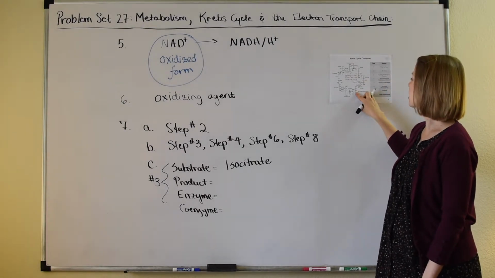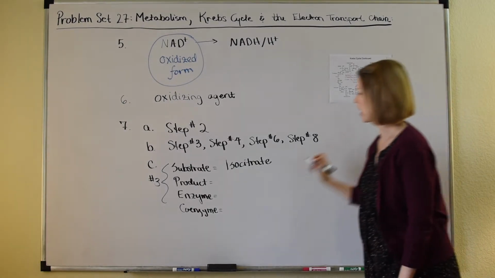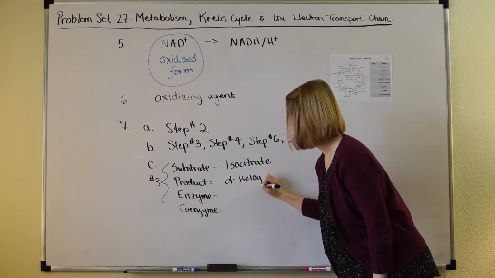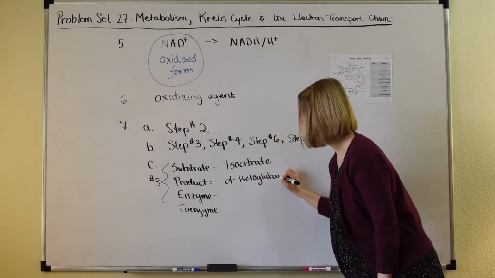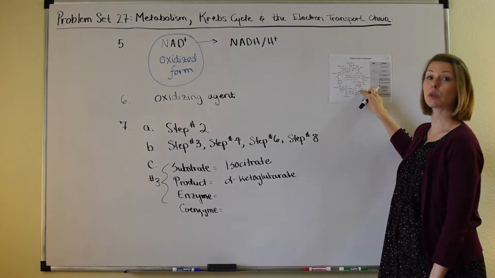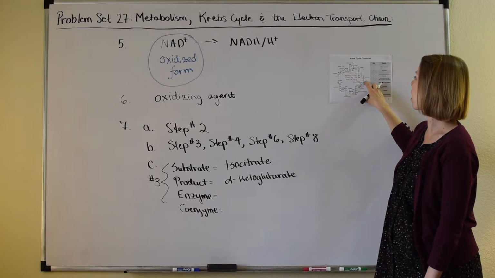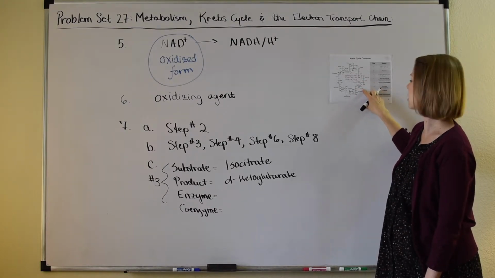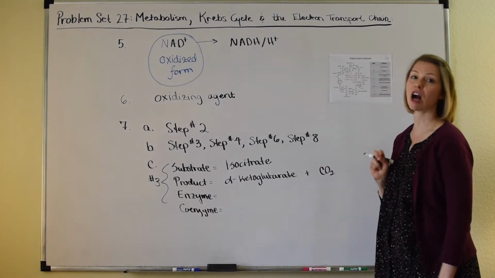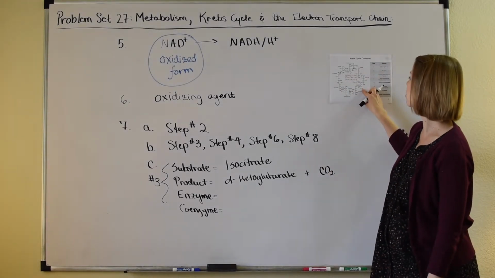The product is the alpha-ketoglutarate. And I'm going to go ahead and write carbon dioxide as well because we see that one of the carbons is lost from isocitrate as a CO2. So I'm going to write plus CO2. So that's where our first carbon dioxide is lost in the Krebs cycle.